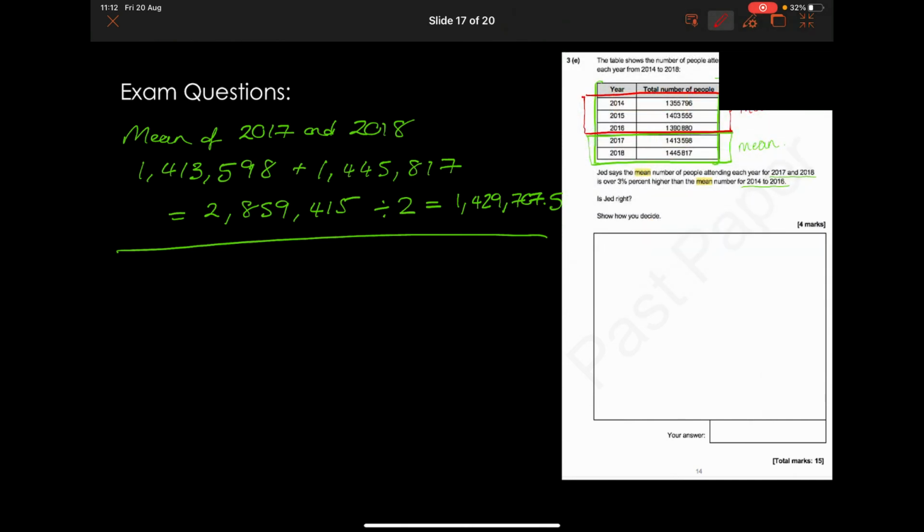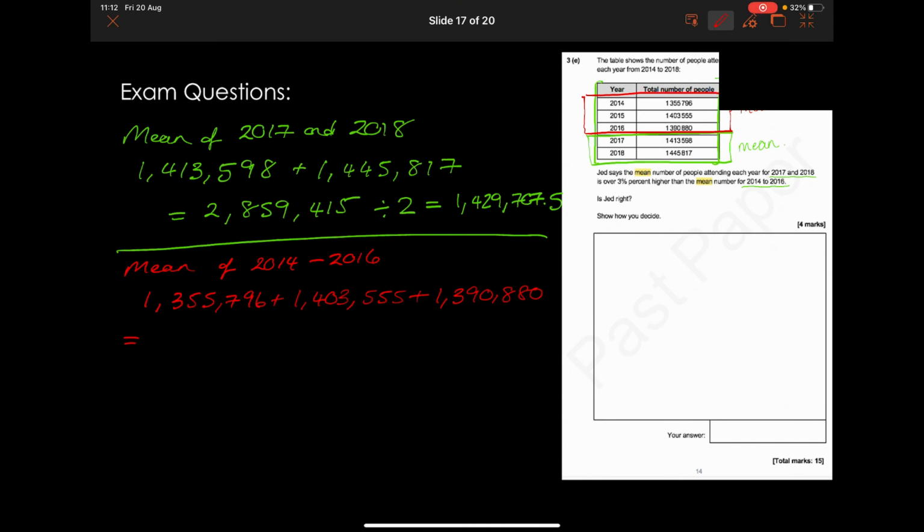For years 2014 to 2016, you've got to add up those 3 values. So 1,355,796 plus 1,403,555 plus 1,390,880.